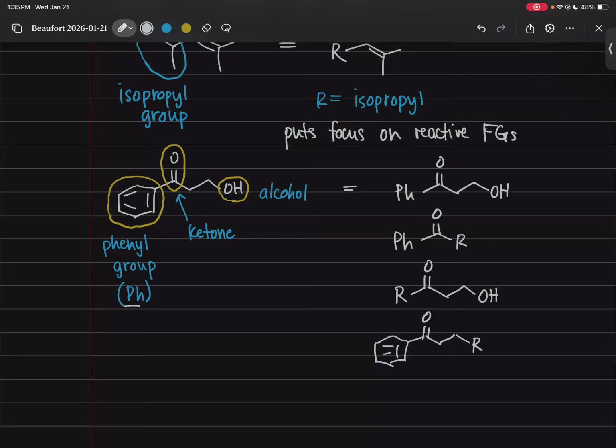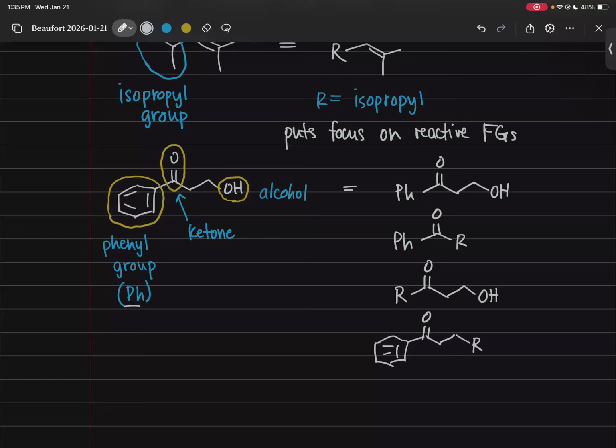So the clearest one is the first one, because there's no R group. Everything is drawn out explicitly. The only thing that I've done differently is instead of drawing the six-membered ring, the hexagon, that's the phenyl group, I just use its abbreviation, Ph. So there's no ambiguity in that structure as to what we're talking about. It's just been slightly abbreviated.